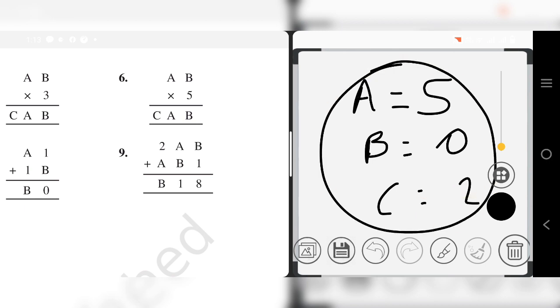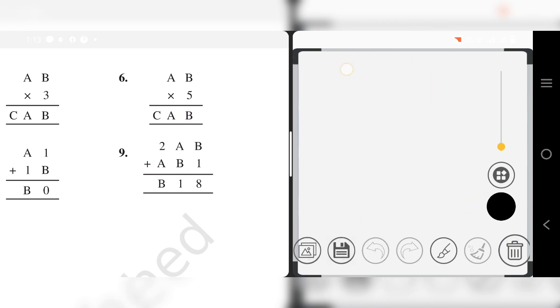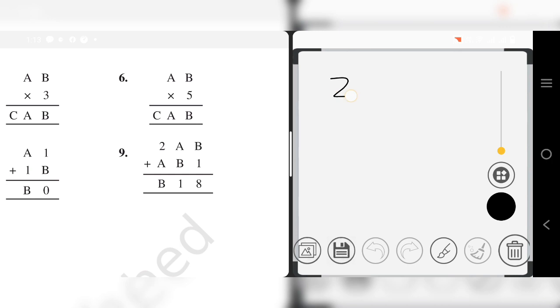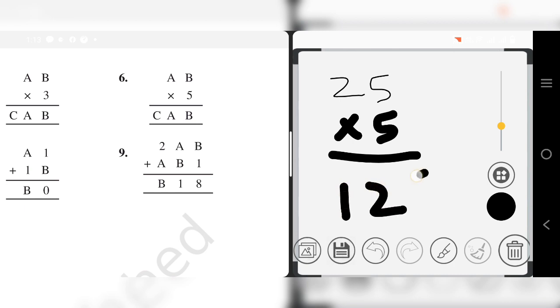This problem can be solved in another way also. AB into 5 is equal to CAB, right? So here, let's take A and B as 25. 25 into 5 is 125.